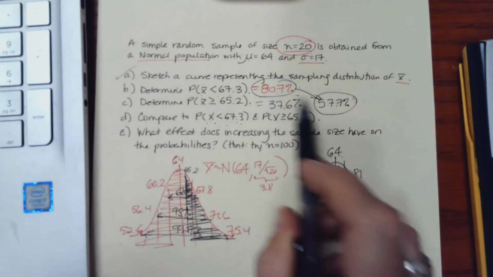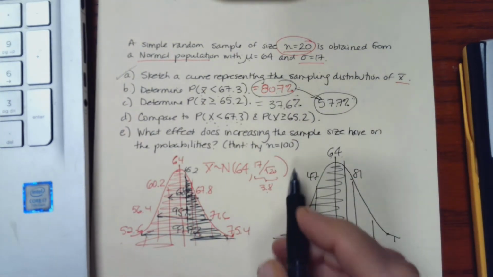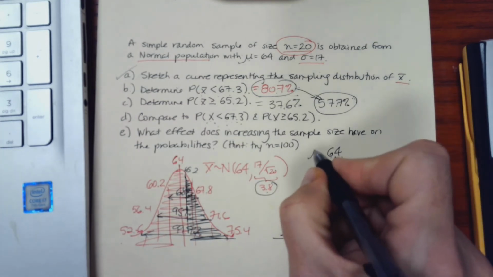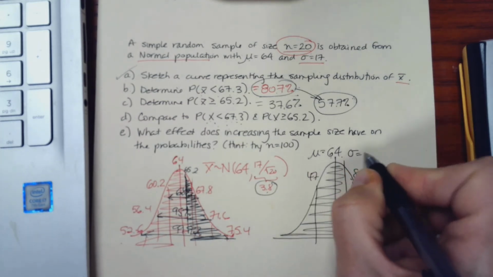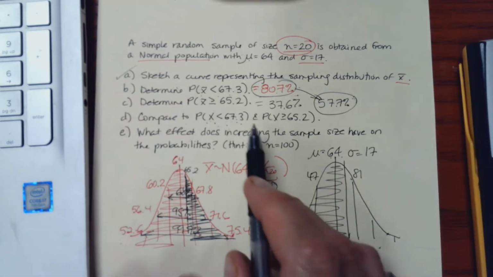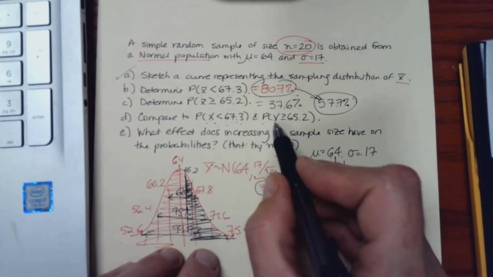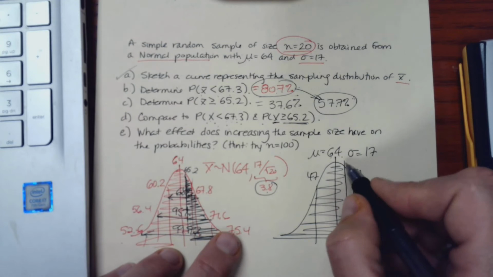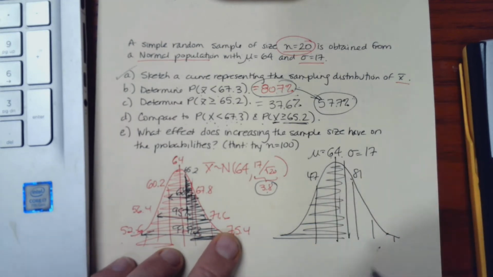Now the reason for this discrepancy is that the standard deviation is so much smaller in the sampling distribution than it is in the population distribution, where it's 17. And if we wanted to do the second part of this, the probability that a single observation is more than 65.2. So that would be wherever 65.2 is.